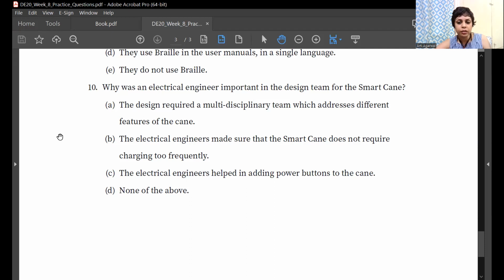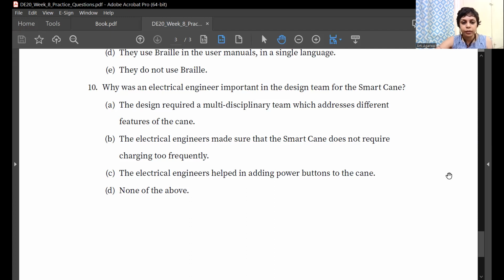This is correct because the electrical engineers ensured that you can charge it once for 2-3 hours, I think, and then you don't have to charge it for an entire fortnight. That's a big relief to the users because it's a hassle to keep charging something you're using the entire day.